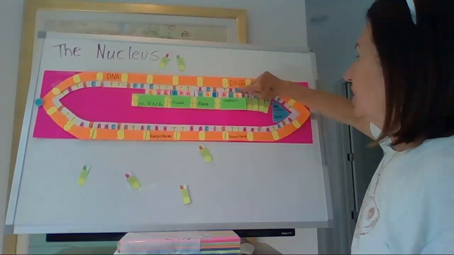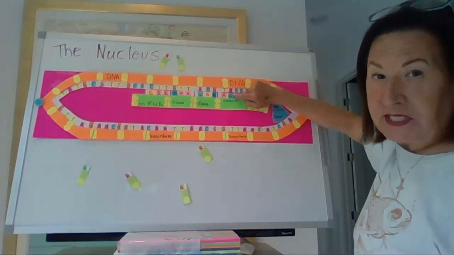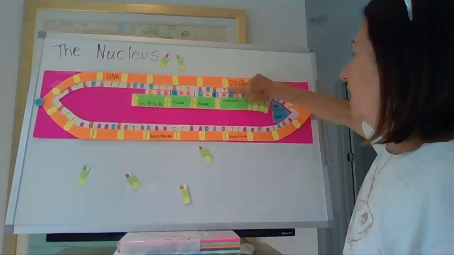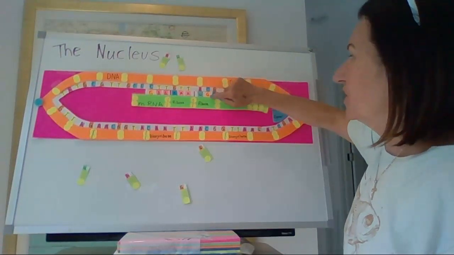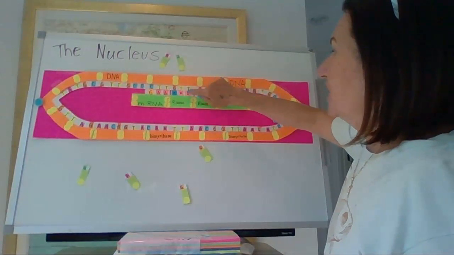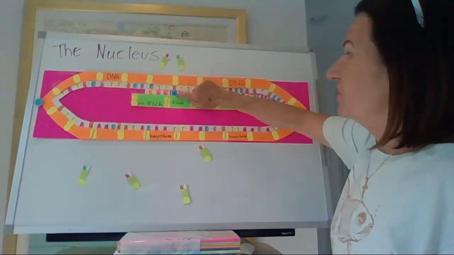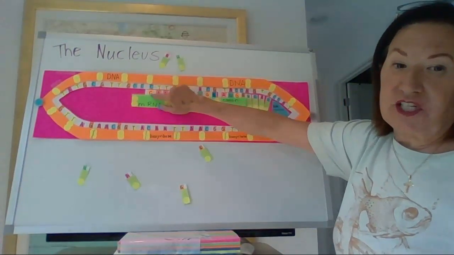And C, G, A, U again, because there's no thymine in mRNA. Then T, A, G, C, A, again U, T, A, G, C, T, A, and C, G.